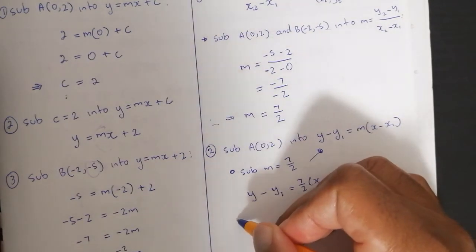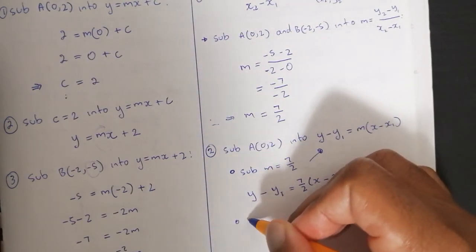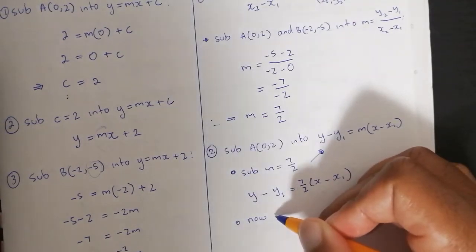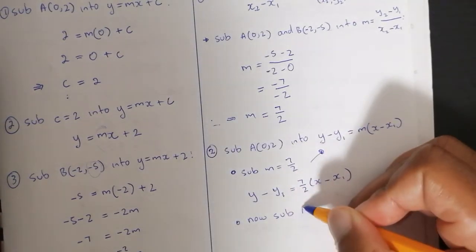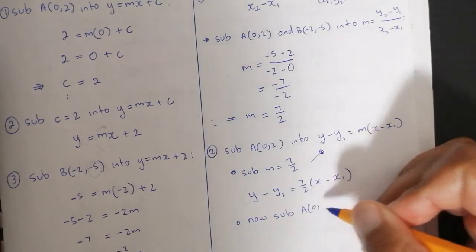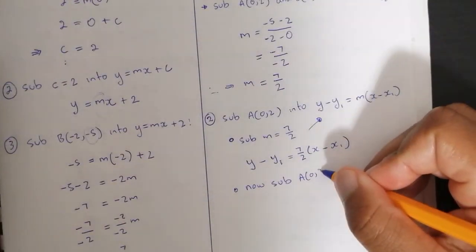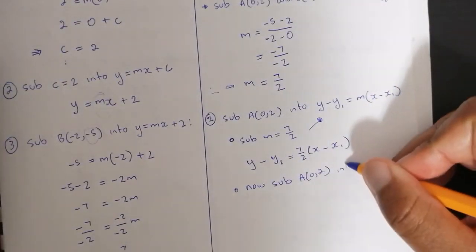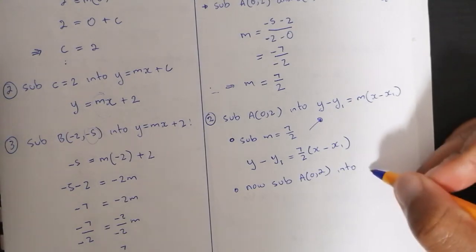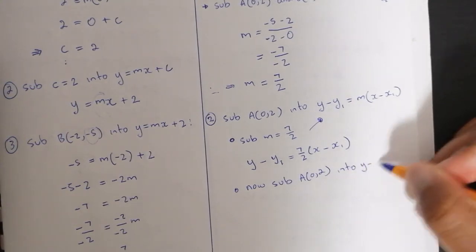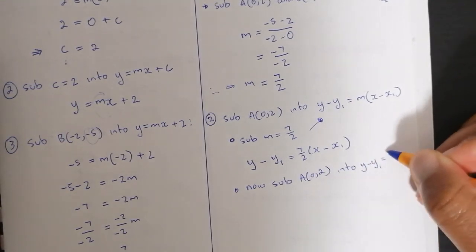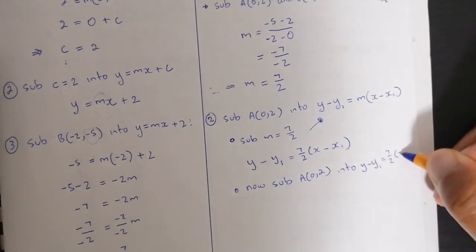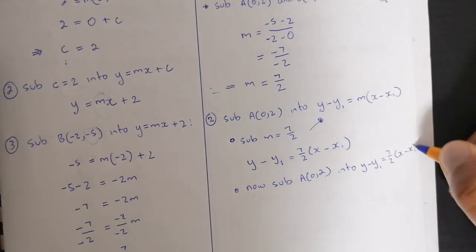Now sub A into y minus y1 equals 7/2 times x minus x1.